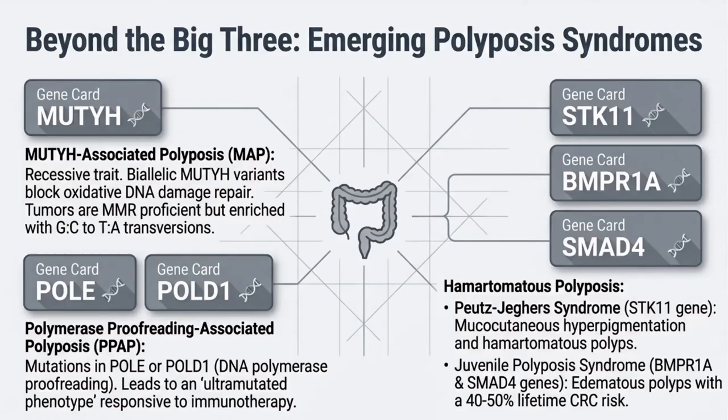This can again result in an ultra-mutated phenotype, which is responsive to immunotherapy. So these are also some of the genes. We will study the hamartomatous polyposis syndromes in detail in the upcoming videos on hereditary cancer syndromes. So that is also important.